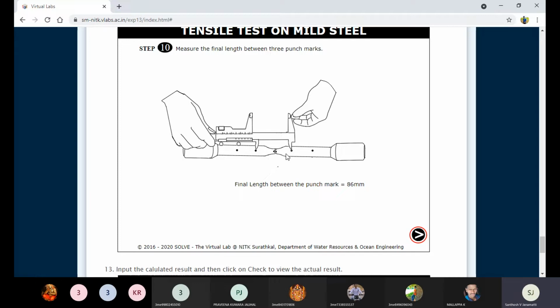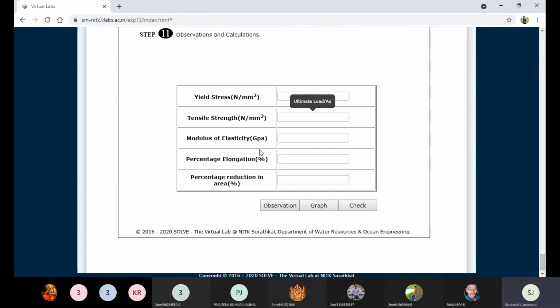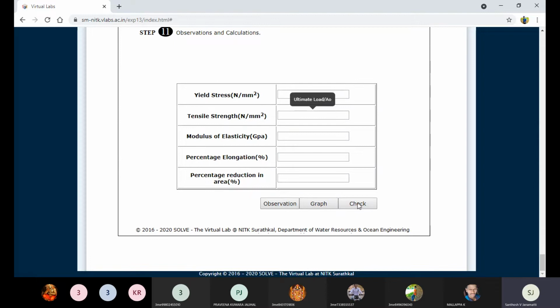Definitely the gauge length of the sample will increase. This is the way we get the final gauge length of the sample. That's very important because we need to calculate the yield strength.